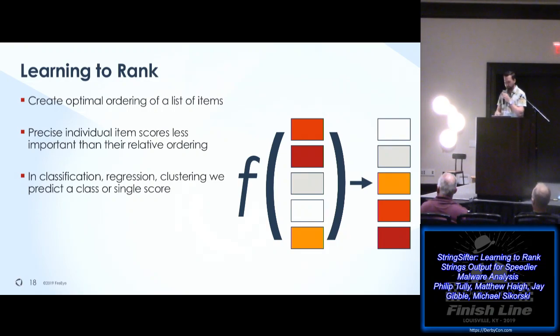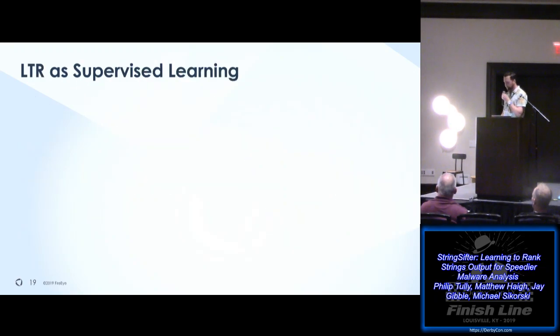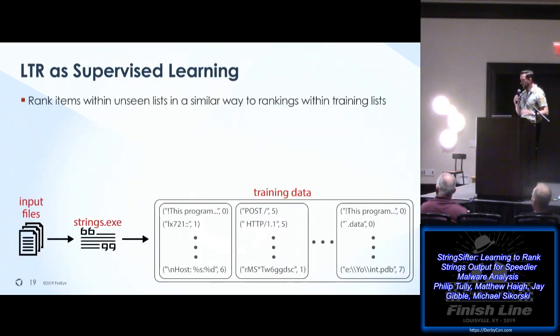Here our task is fundamentally different. From what I've seen, at least in literature and in various talks, this notion is rarely applied in security applications. To make this a little more defined, just like Matt said, we have a series of input files, and we want to run strings over each of those input files and generate a set of training data.